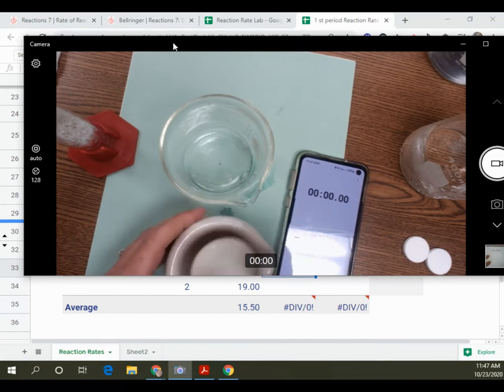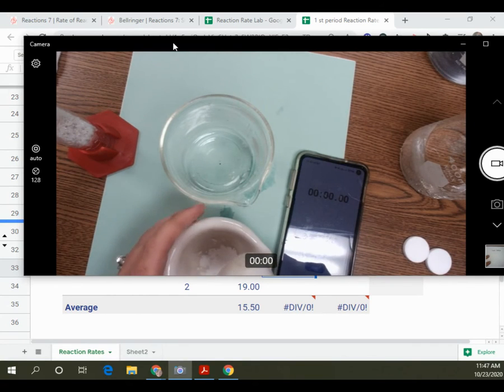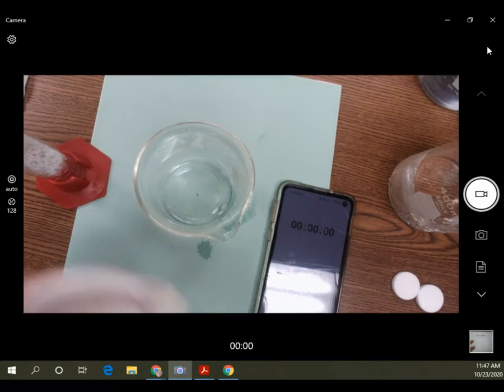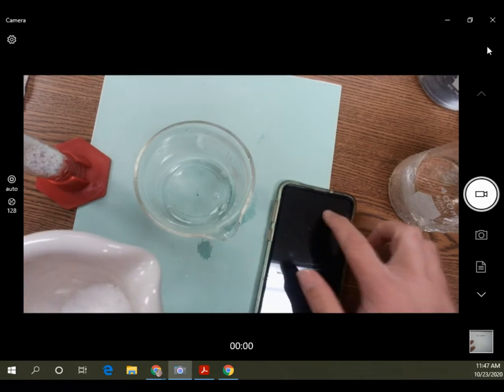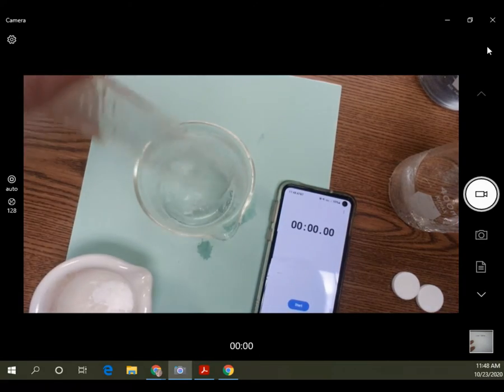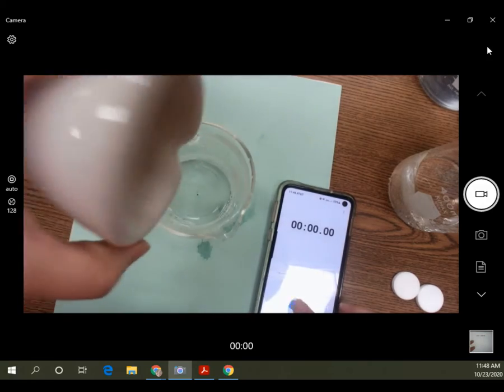So it looks pretty crushed. So we can make sure it's not all stuck to the bottom. All right, let's get our stopwatch back. Water in the beaker. And antacid in the water. Ready, set, go.